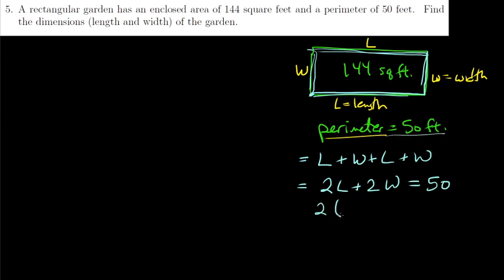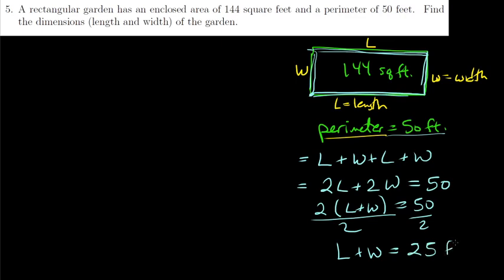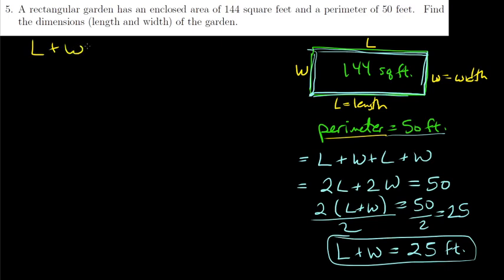Notice you can factor out a 2 here, although you don't have to, but it helps, and then divide by 2. So L plus W, the length plus the width, is 25 feet. 50 divided by 2, of course, is 25. So keep that in mind, that the length plus the width has to be 25 feet.